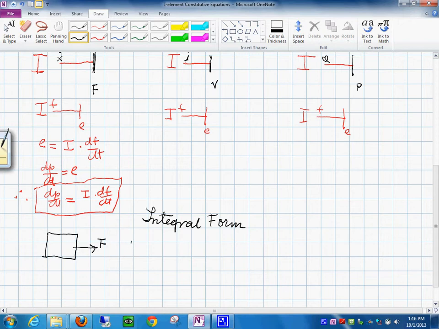We had that F is equal to m times dx dot dt, which is the same thing as writing m x double dot like that, right?